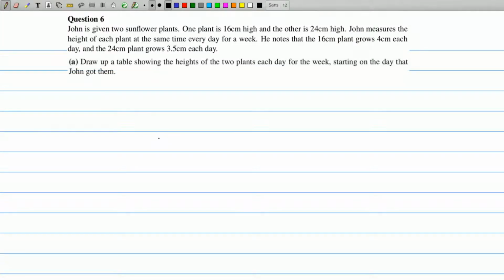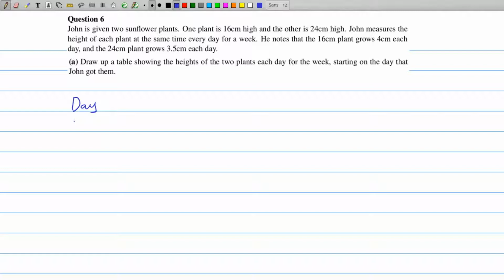So the first thing that we're asked to do is to draw a table showing the heights of these two plants each day for that first week, starting on the day that John got them. So what do we need to have in this table? Well, we're going to need to have the day number, so starting at 1 first of all. We need the height of each plant, so I'm going to give each of those their own row.